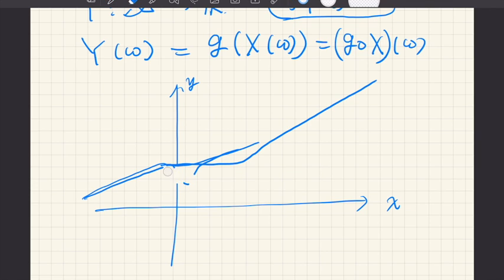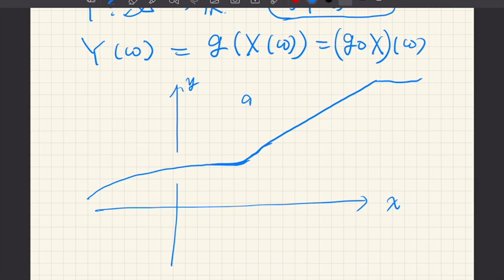Okay, so it does not decrease at any point. It's only increasing, or maybe stays constant at some point. But for simplicity, let's say strictly increasing. Yeah, that's easier.